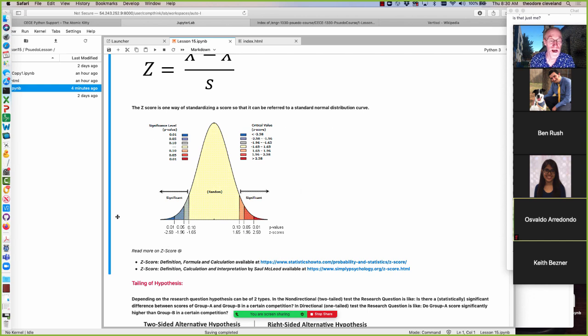This next image shows another interpretation of the standard normal distribution and, to some extent, the definition of significance. So in statistical significance, we're actually setting a probability value or a z-score somewhat arbitrarily. In this case, they're doing 90th percentile, 95th percentile, 99th percentile.